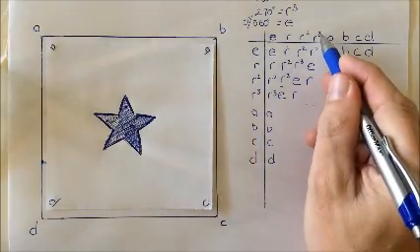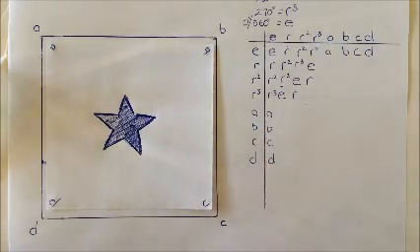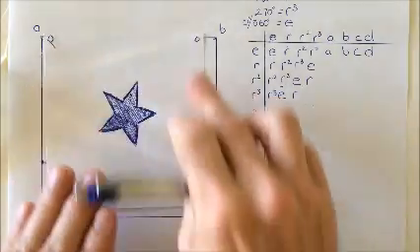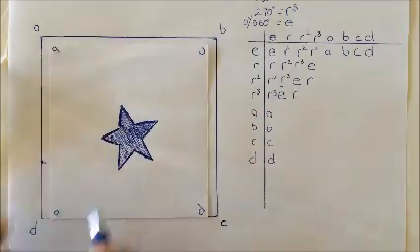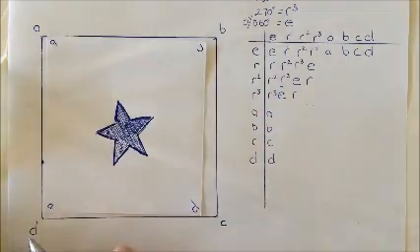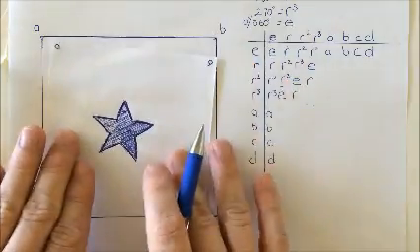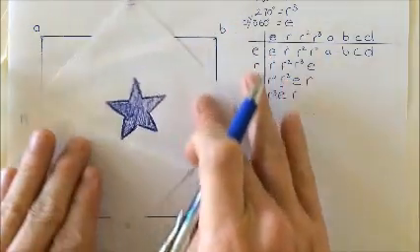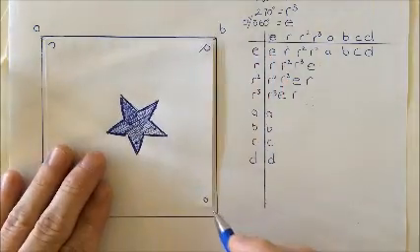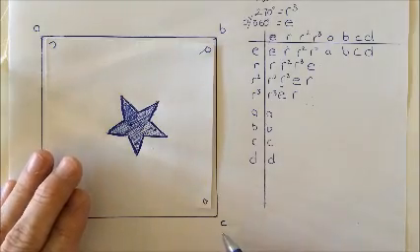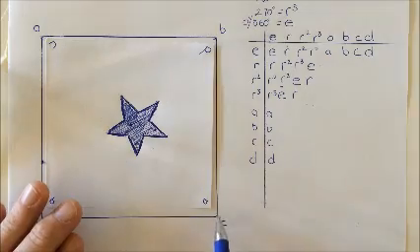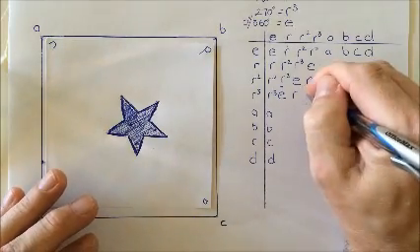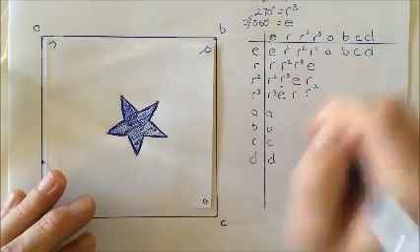We're going to go 3 rotations and then a further 3 rotations. A is now relative to its starting position 2 rotations away from where it started, or R squared.